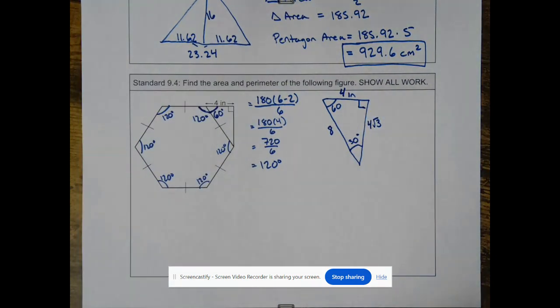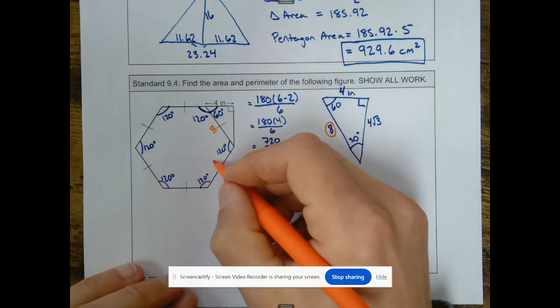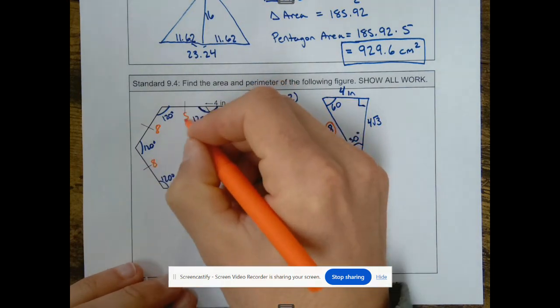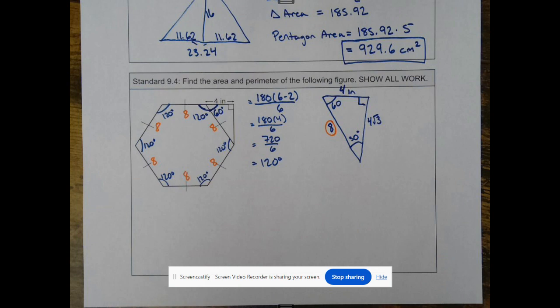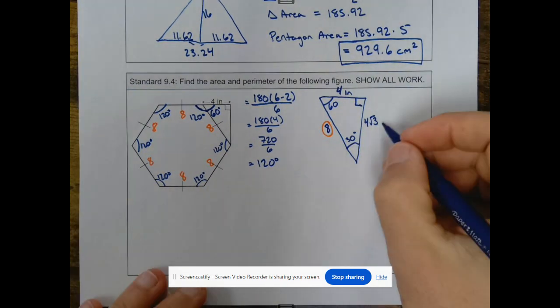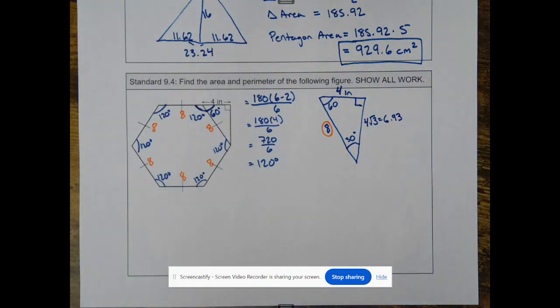So everywhere around my hexagon, these side lengths are all 8. If you don't remember your special right triangles pattern, you could also use trigonometry to figure out these two values. This value is the same as 6.93 rounded. You could do it either way.